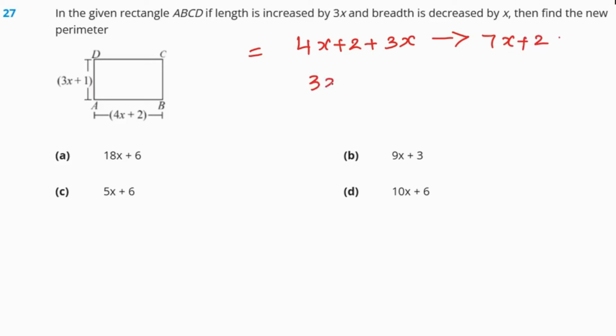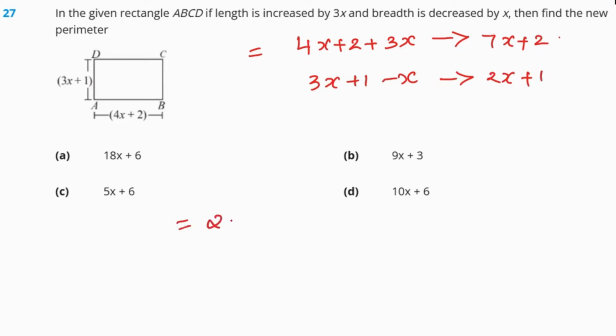And here, breadth is decreased by x. So 3x plus 1 minus x, that is 2x plus 1. Now we have to find out the perimeter. We get the new length and breadth.